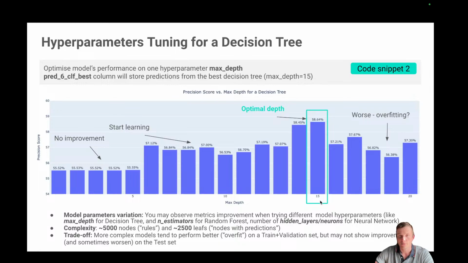For trading, we need only the test set, but if you want to define a column, and here it's called pred_6_6_CLF_best, you need to have predictions on all data points so that you can join with the full data set of 2000K records.